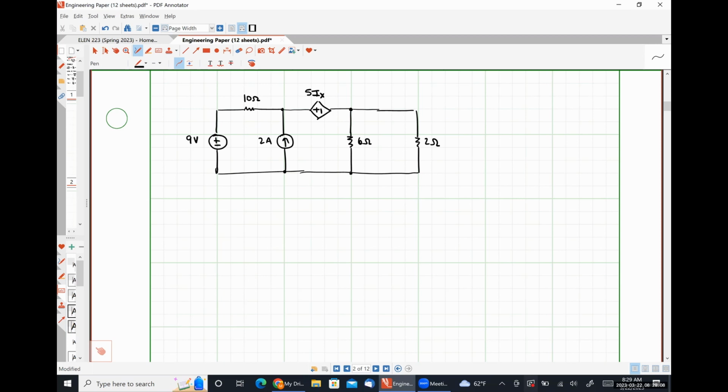So our first step is going to be exactly the same. We are going to identify and label our nodes.